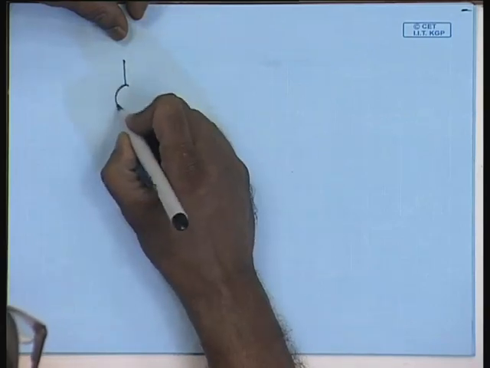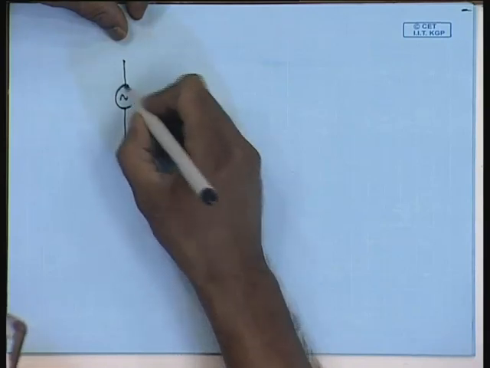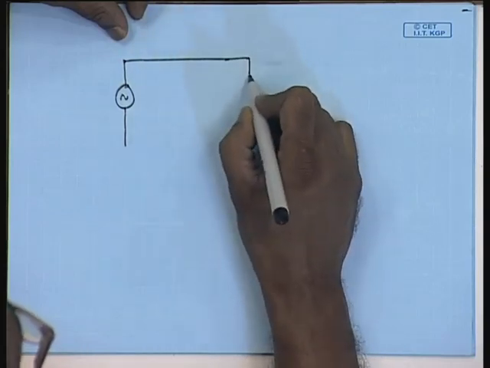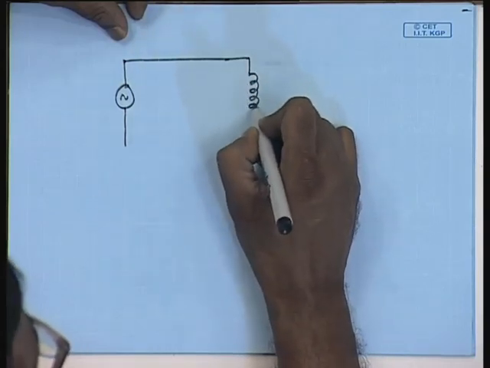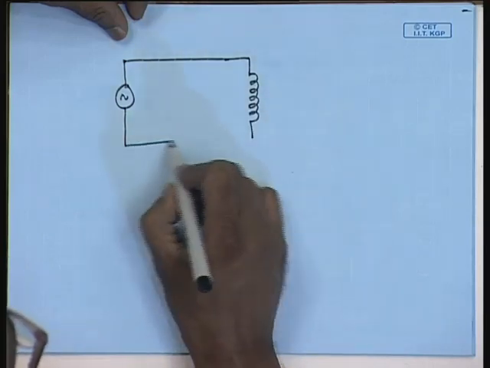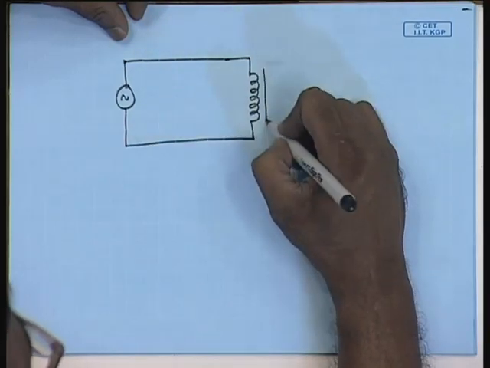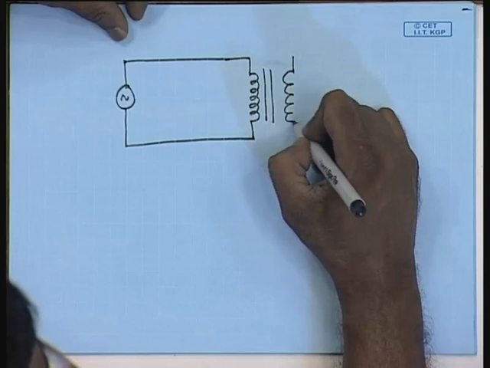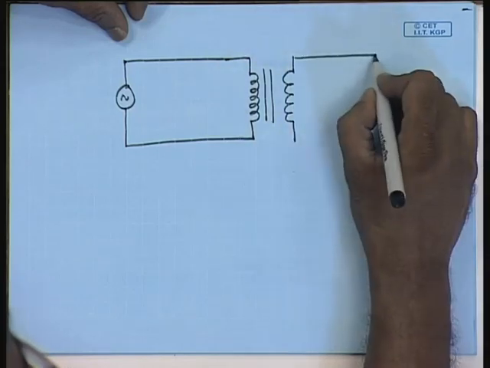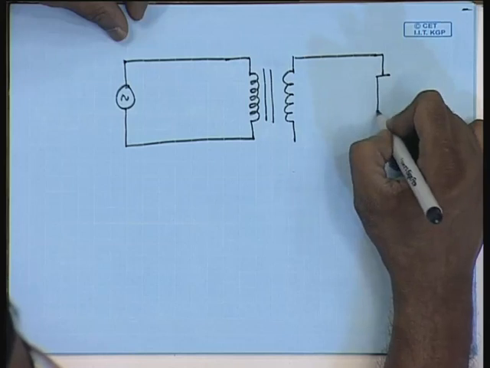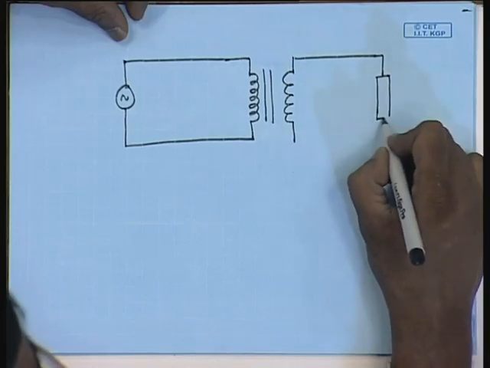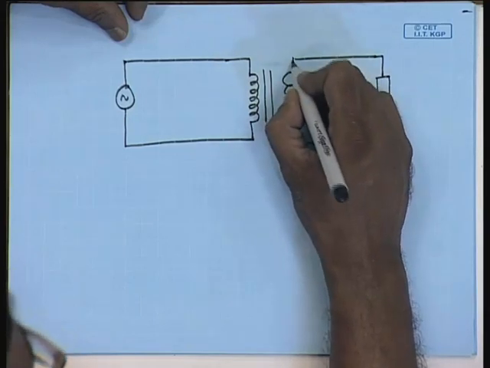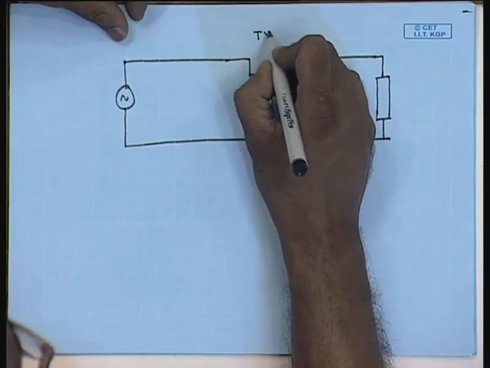Suppose we have one single phase transformer connected to the source on the primary side, and it supplies the load on the secondary side. This is, let us say, transformer 1.